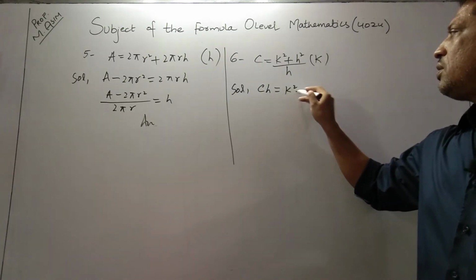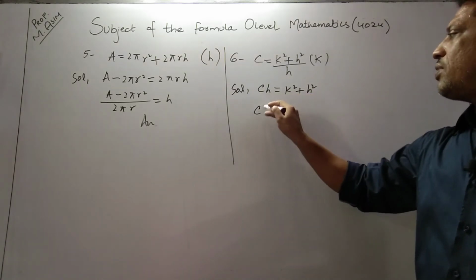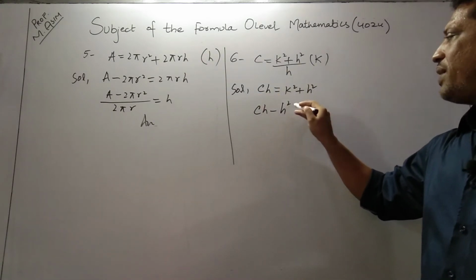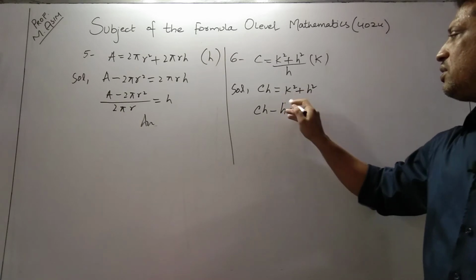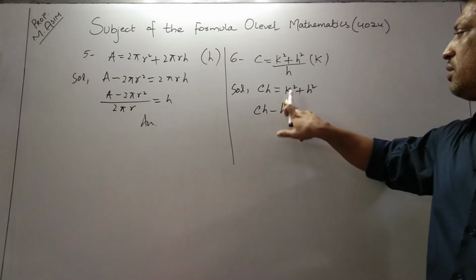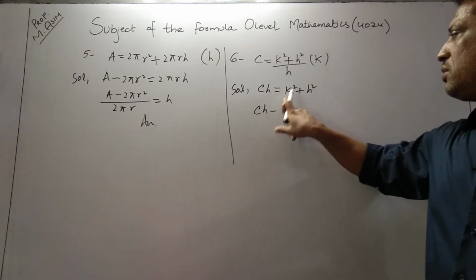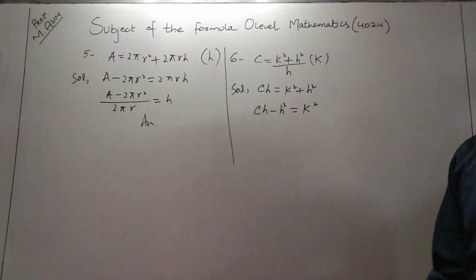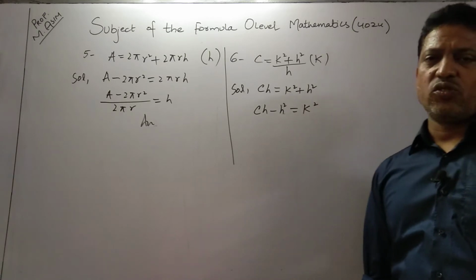Ch. k square plus h square. Ch. This h square shifts to this side and becomes minus h square. Sorry. k square. This is k square.